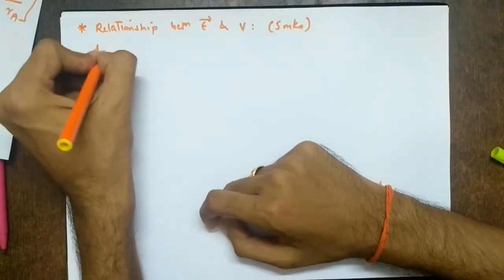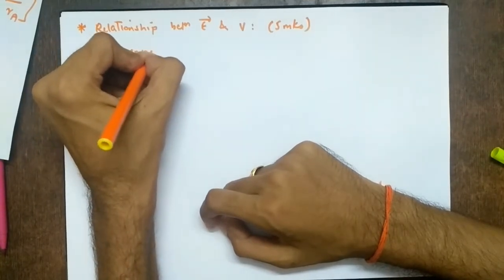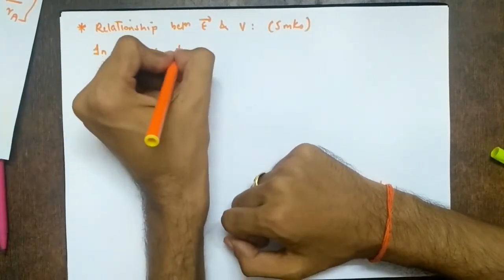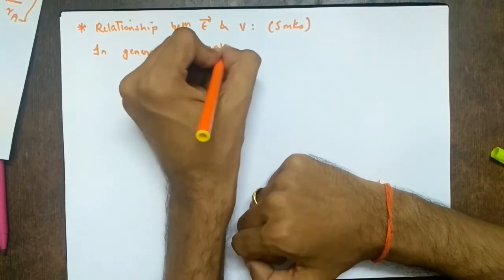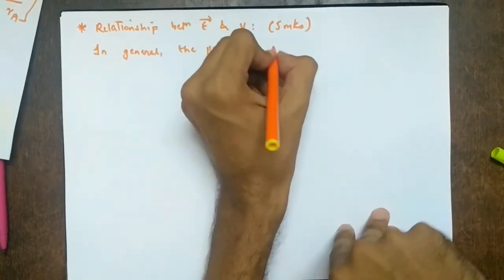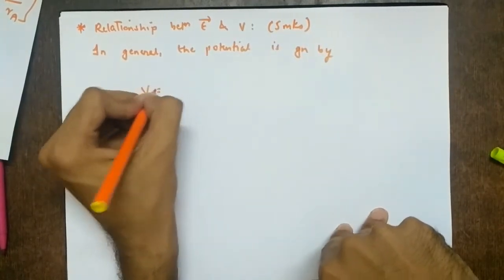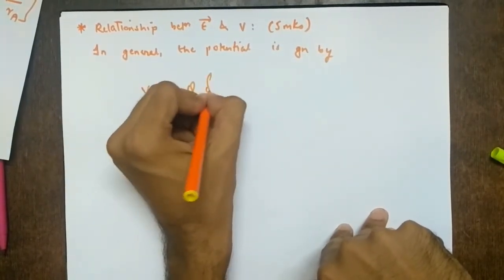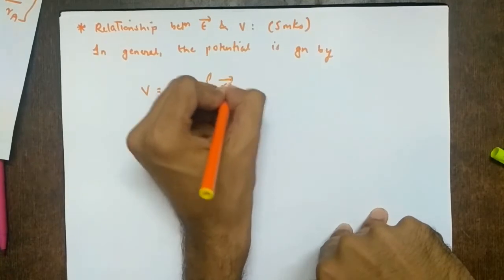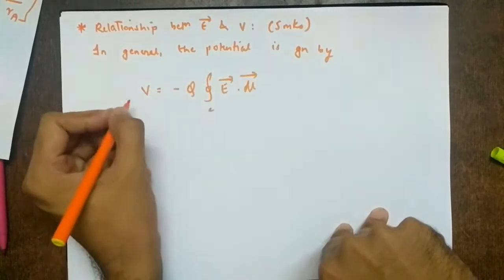So we can start with, in general, the potential expression, which we have seen just now, minus q closed contour integral of E vector dot dl vector, right?